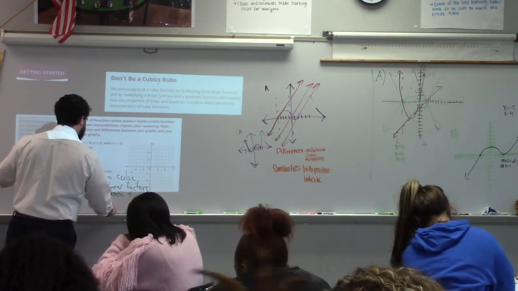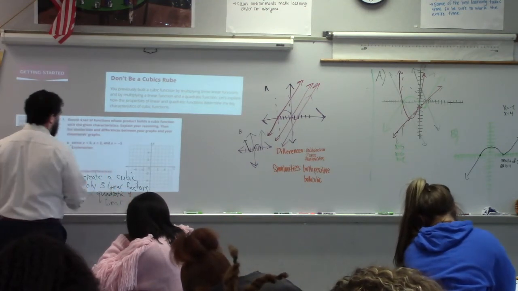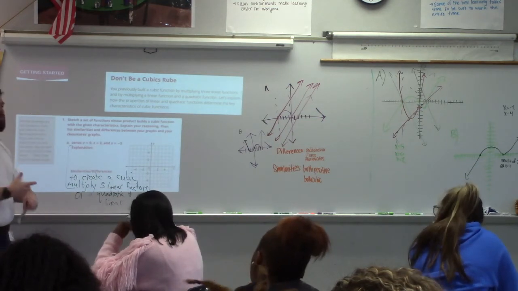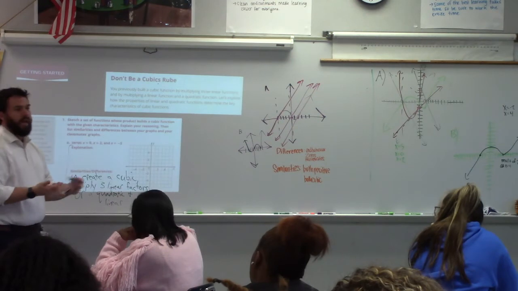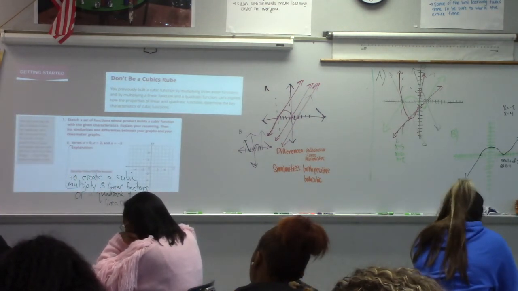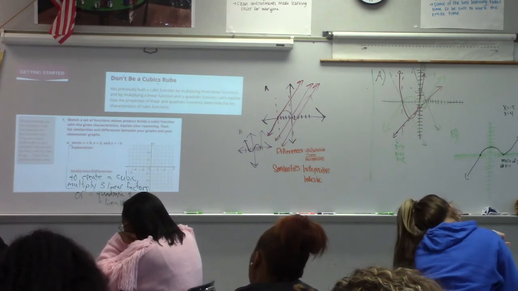That's the explanation. That's the similarities and differences. Like if y'all had done a set of functions, either you would have had to do a quadratic and a linear, or do 3 linears. Those would have been the options to create a cubic like that.